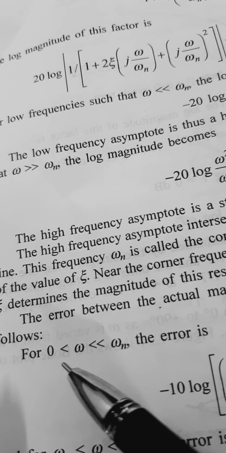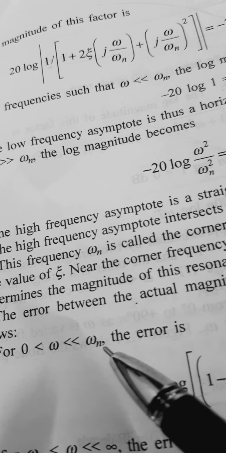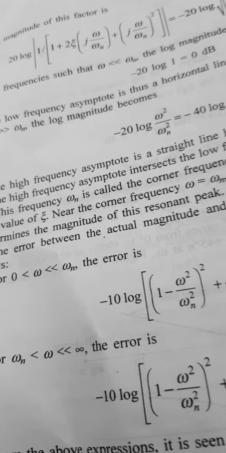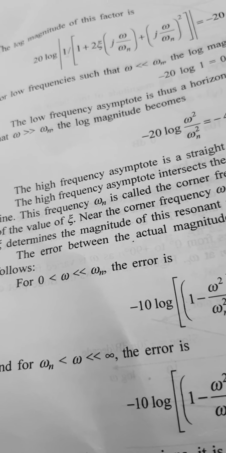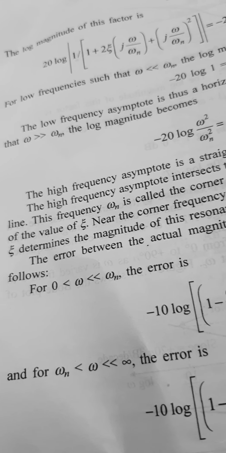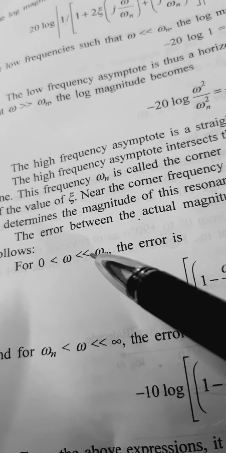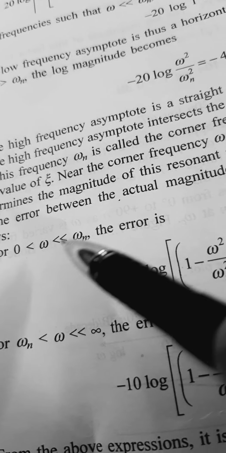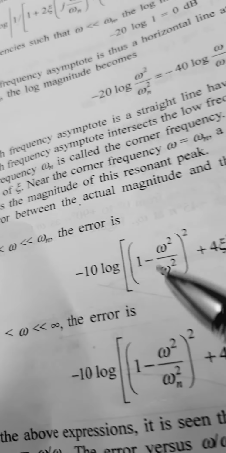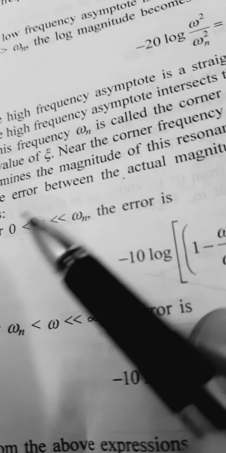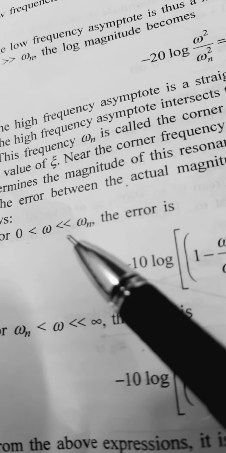For omega greater than 0 and very much less than omega n, it is actually very close to omega n, where only one less than sign should be incorporated, but here there is a mistake.